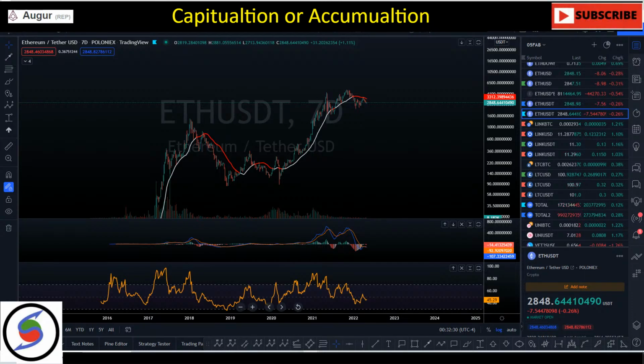For instance, if a random alt pumps 25%, 50%, 200%, you might be FOMOing. So the best thing to do is be in BTC in a great percentage, let's say at least 50%, or 70%, or 75, 80%, whatever you like.